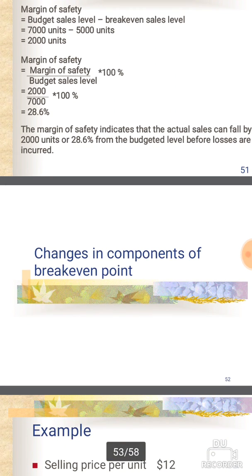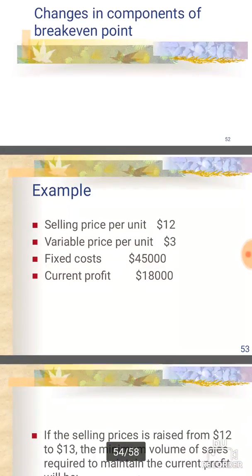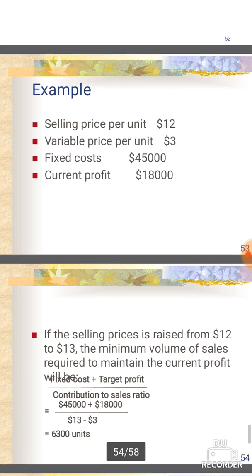Change in components of break-even point. Example: selling price per unit $12, variable cost per unit $3, fixed cost $45,000, current profit $18,000.